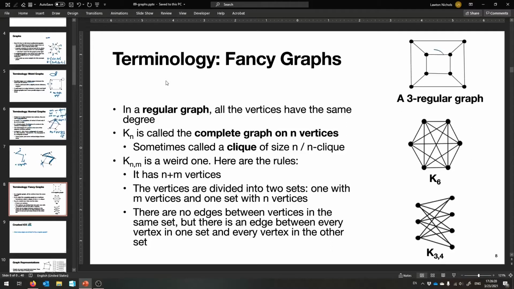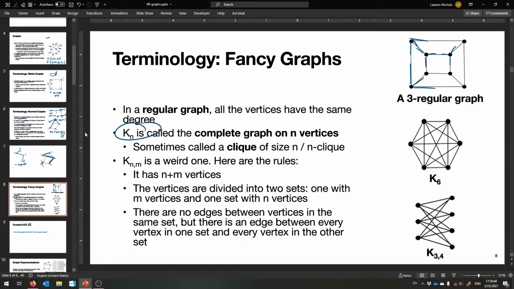Here's an example of a 3-regular graph where every vertex has 3 edges coming out of it, has 3 neighbors, has degree 3, right? All of them do. 1, 2, 3. 1, 2, 3. So it's pleasing to the eye. It's regular. It's cool. That's a regular graph that you might hear again in a question somewhere.